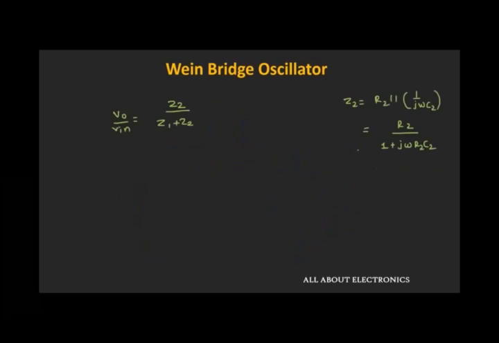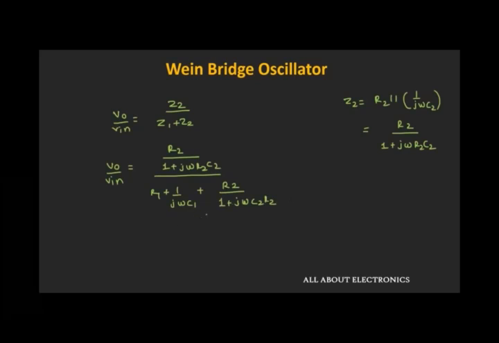So let us put the value of Z1 and Z2 in this expression. So we can write Vout by Vin is equal to R2 divided by 1 plus j omega R2 times C2, divided by R1 plus 1 by j omega C1 plus R2 divided by 1 plus j omega C2 into R2.